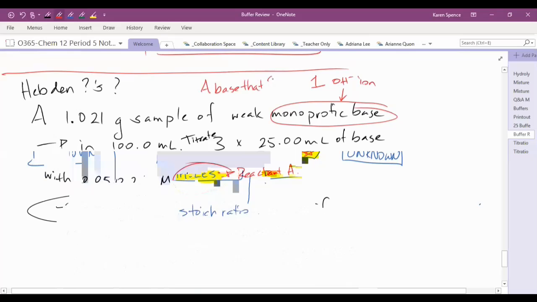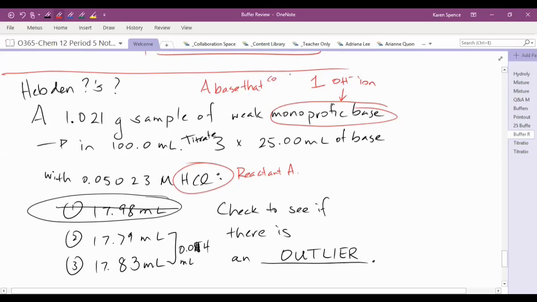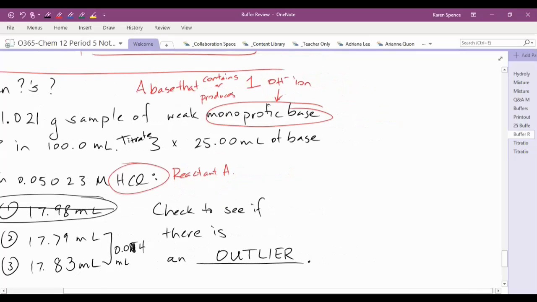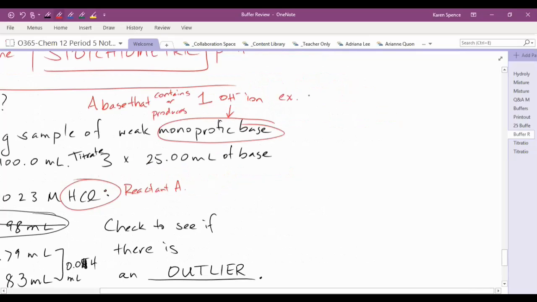It's a base that contains or produces one OH ion. Okay, so for example, that could be NaOH, it's got one hydroxide, or you could have NH3, which will accept one proton to become NH4.